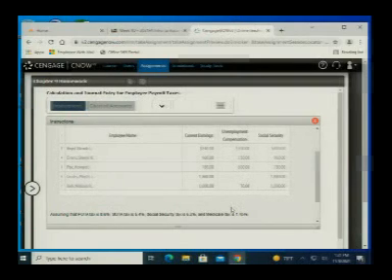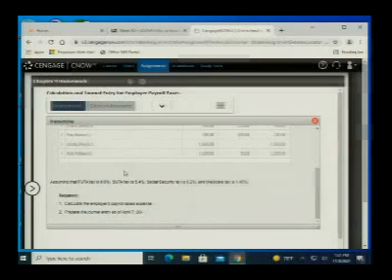So 1,360 times 0.6% is $8.16, which is what we owe on FUTA. 1,360 times 5.4% is $73.44.